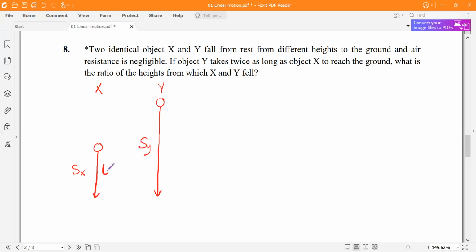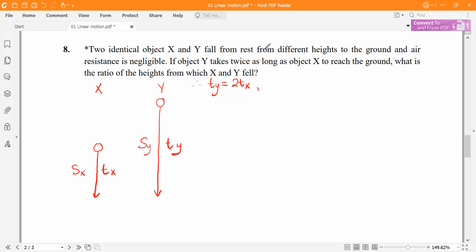And the time taken for X is Tx and the time taken for Y is Ty. But we understand that Y takes twice as long as object X. That means I can say my Ty is equivalent to 2 times Tx.